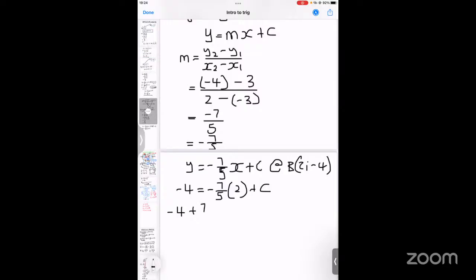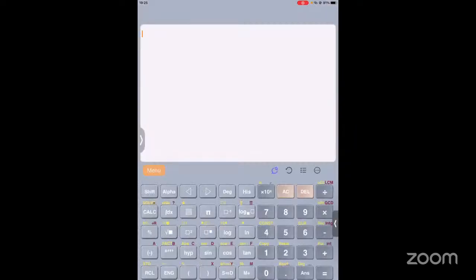It becomes 7/5 multiplied by 2, and that should equal C. Then you can punch all of that on your calculator and you will know the value of C. So let me quickly punch it. It's -4 that I add to 7/5 times 2.